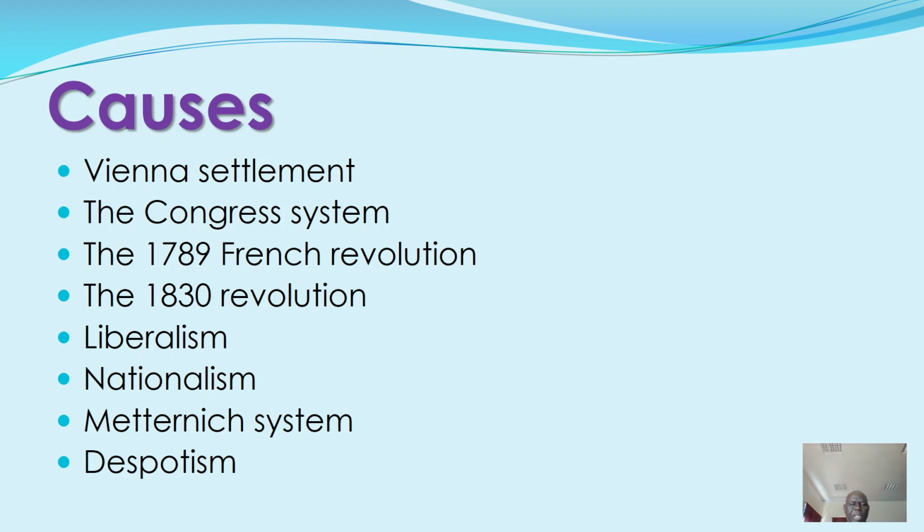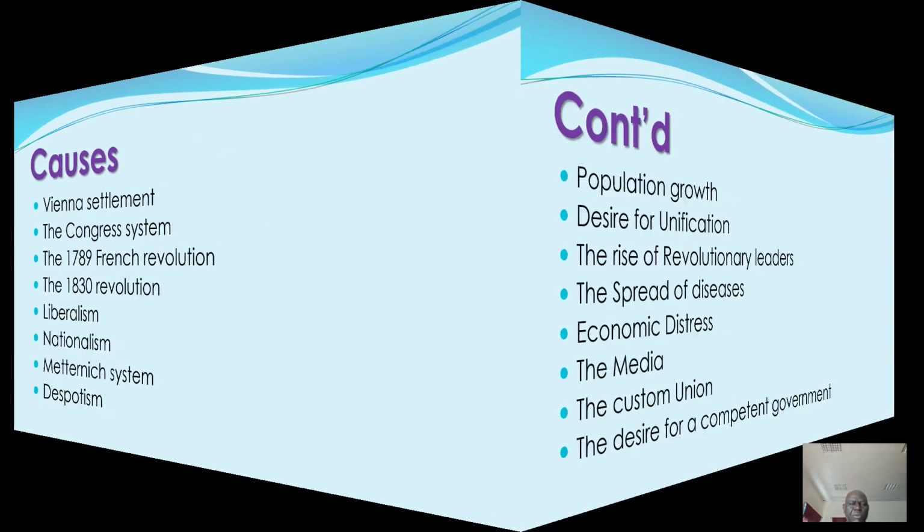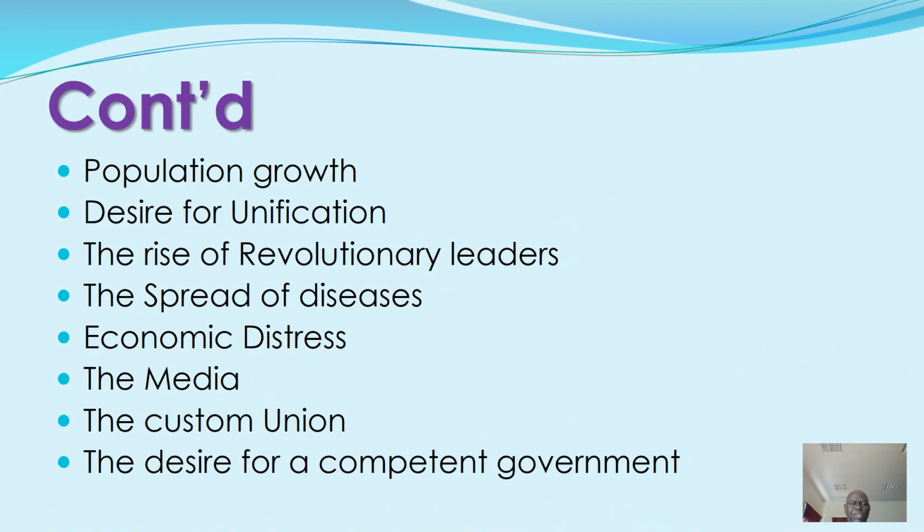We can still blame the Metternich system, which was very oppressive, the despotic nature of most of the monarchies. They denied nationalists justice, which eventually forced them to resort to violence. Then also the population growth, which the governments in Europe did not prepare for, caused economic crisis and unemployment.